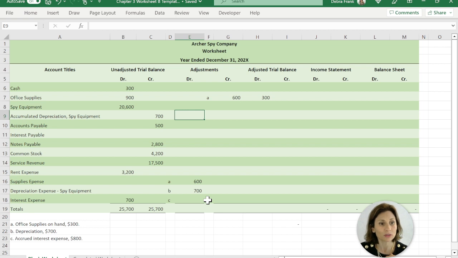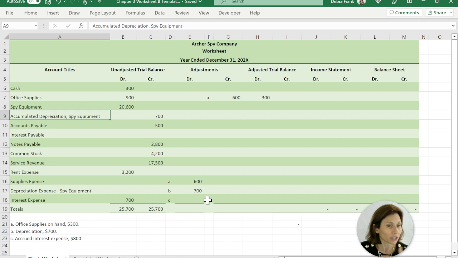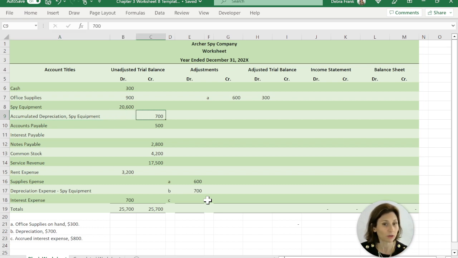So we have accumulated depreciation for the SPY equipment. It already has a credit balance of 700, so it's fine because it's going to keep accumulating by what we depreciate. This time we depreciated another 700, and that's a credit. So that's an additional amount.